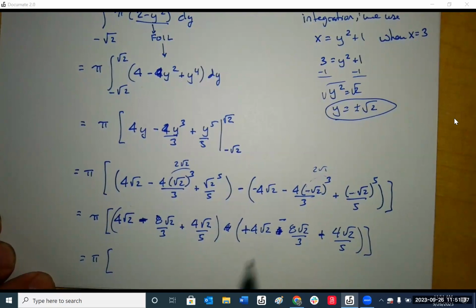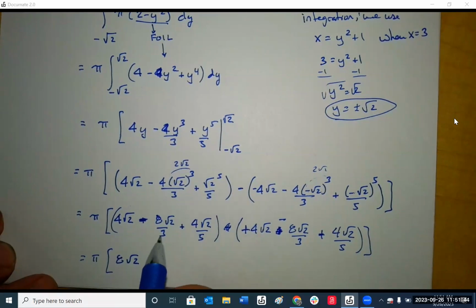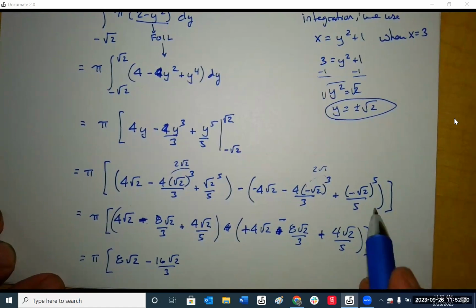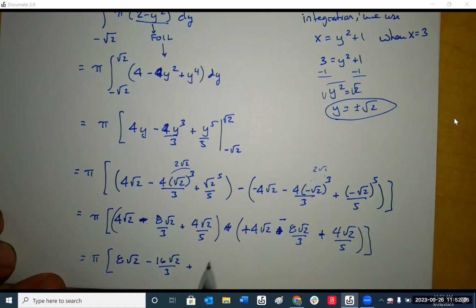Four radical 2 plus 4 radical 2 is 8 radical 2. That makes it 16 radical 2 over 3, plus 8 radical 2 over 5.